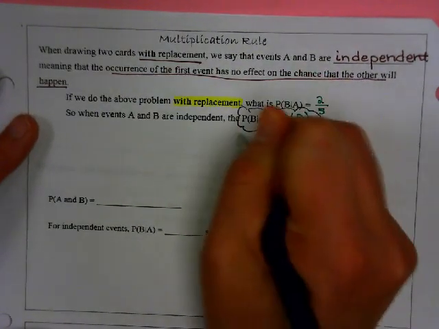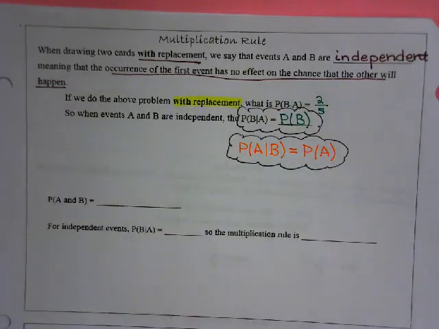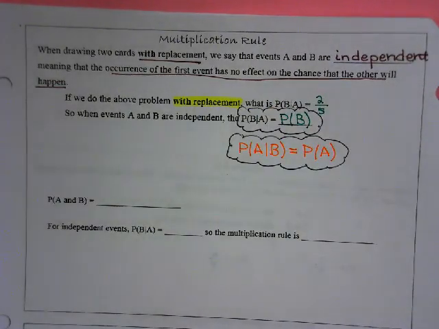So last time I taught you guys the general multiplication rule for finding the probability of A and B. Anybody remember that rule? Caleb?